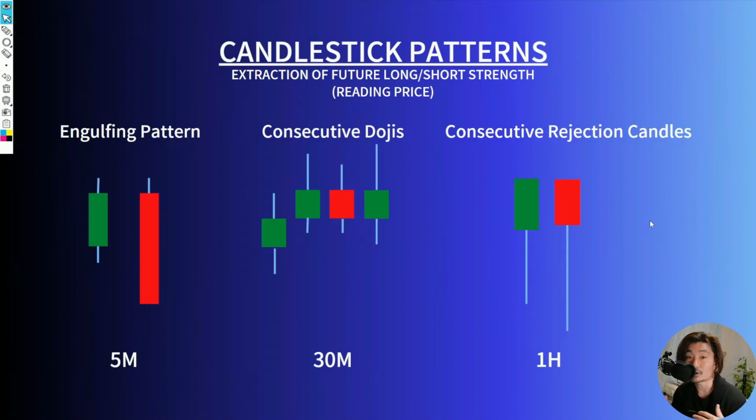Although there are a couple more that I use personally, at the basic level these candles are enough when used in combination with other price action methods that gauge future long and short strength to reach efficiency in trading. Now let's go on to how you want to use what I taught you with single candlesticks and candlestick patterns in actual trading.